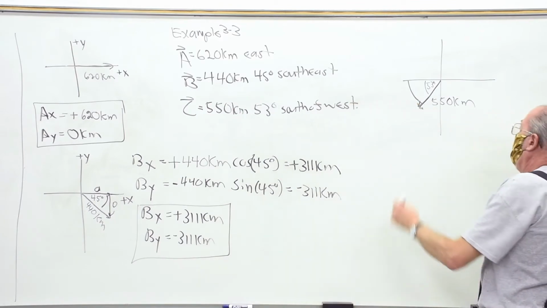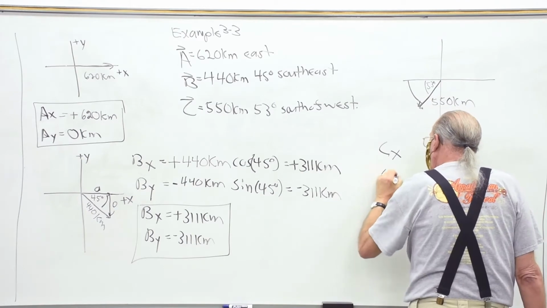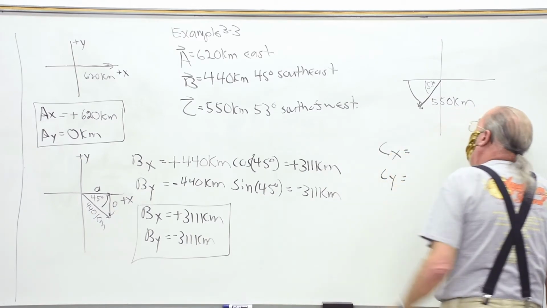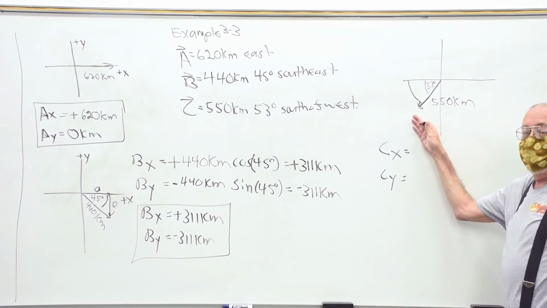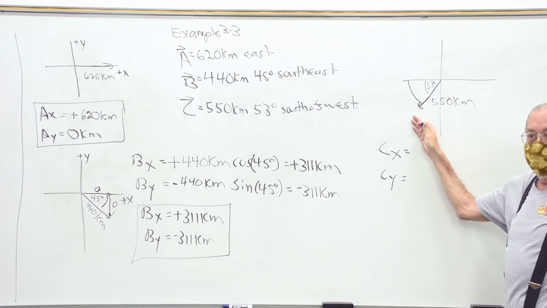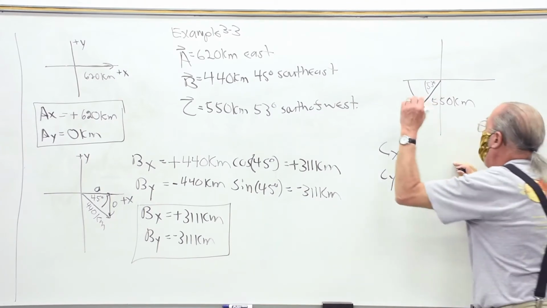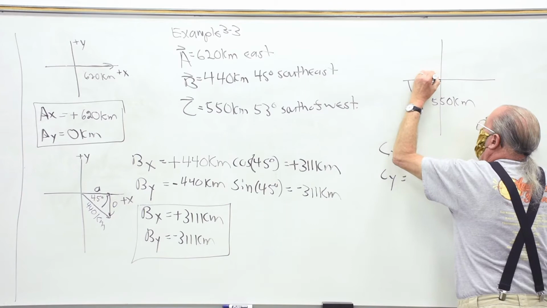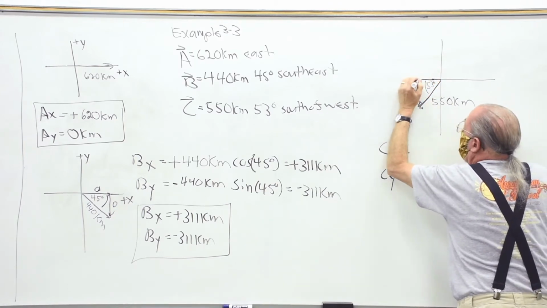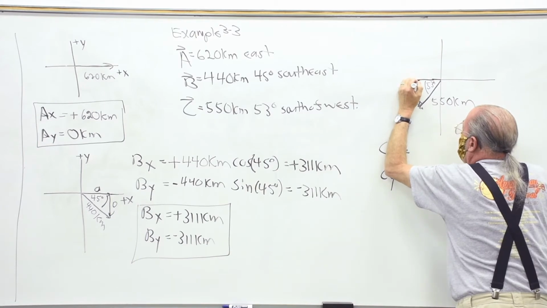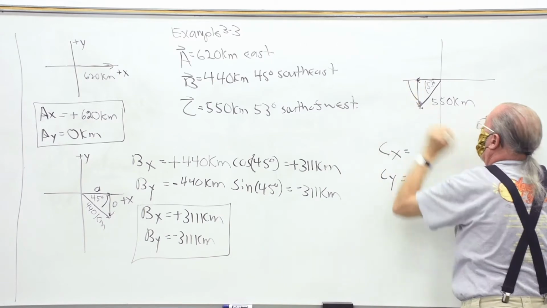By inspection, let's write this. We have CX and CY. Are these both negative, both positive? The x component, is it plus or minus? Now watch. If I complete the triangle, including the angle I'm given, make a right triangle here, like that.